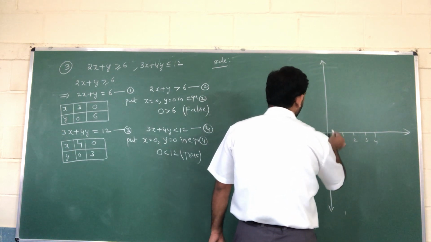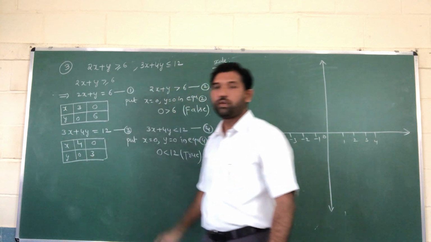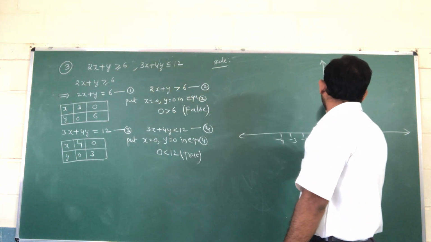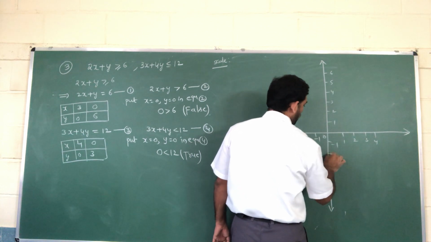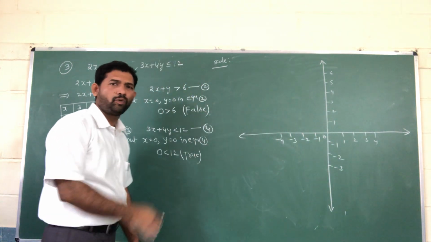This is 0. Next, the y values: y equal to 6 and y equal to 3. Maximum is 6: 1, 2, 3, 4, 5, 6. On the downside also -1, -2, -3. We are not using that one, just keep only 3 values.